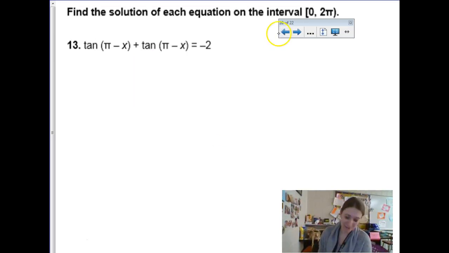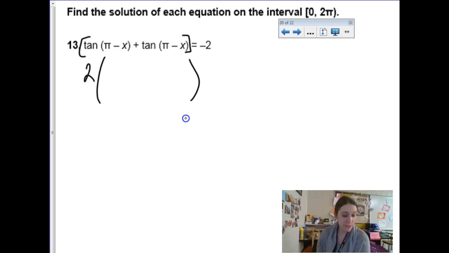Great news, we can go back. I can do number 13 with you. Alright, so we have the tangent, and this is another case where there's two of them, if you notice, tan plus tan of the same thing. So you have 2 times the tangent of pi minus x. So if I use my tangent subtraction or difference formula, that becomes tangent of a, which is pi, minus, is it minus tan? I always forget this one.